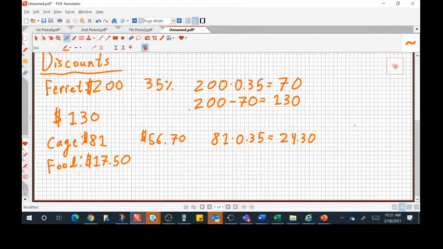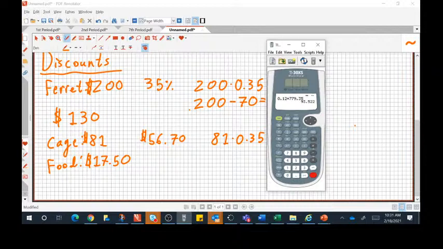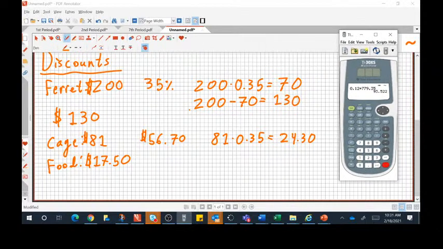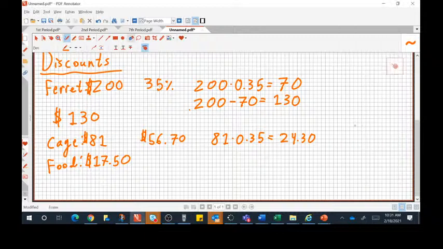That's okay. So I heard people saying there was a mistake, so maybe I should have gone a little bit quicker here, or less quick. So it goes $81 times the 35%. That means that we're going to get a discount of $28.35. I think you might have put in 30% or something. I'm not sure what happened there. So that should have been $28.35.